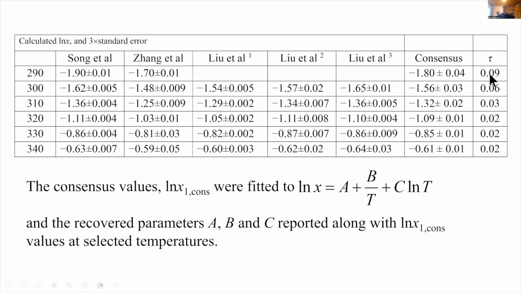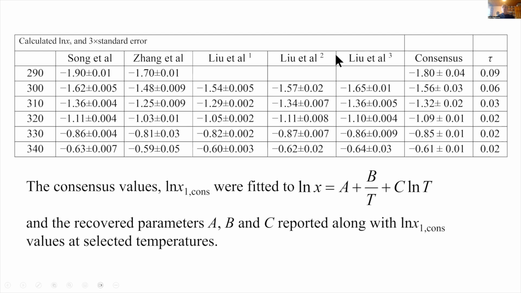We can see that the tau value, the inter-data set deviations, decrease as we go higher in temperature. And we could see that from the graph, of course. Consensus values become slightly better, and that just reflects the fact that the data are getting closer and closer together at the higher temperatures.